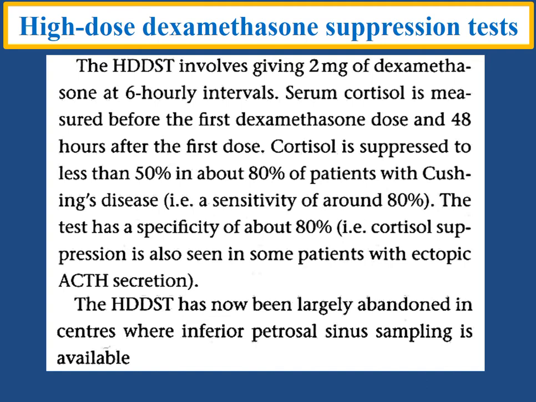The test has a specificity of about 80%. It means that cortisol suppression is also seen in some patients with ectopic ACTH secretion. The test has now been largely abandoned in centers where inferior petrosal sinus sampling is available.